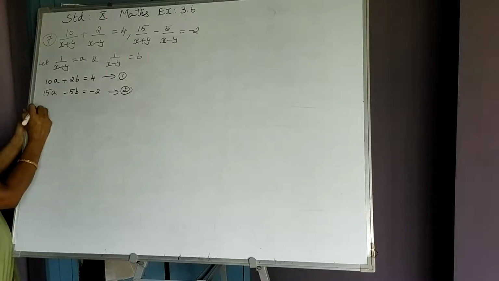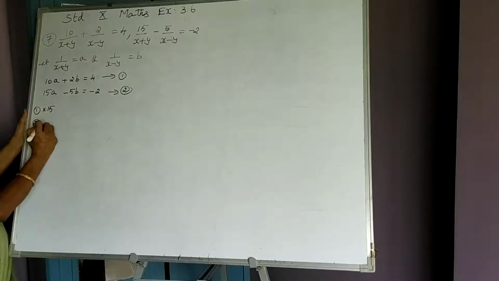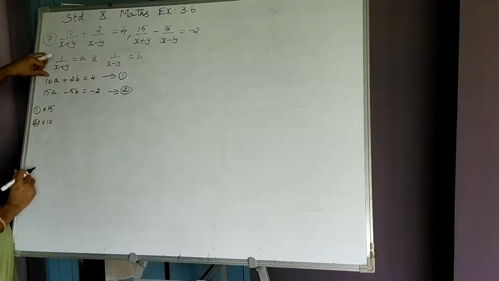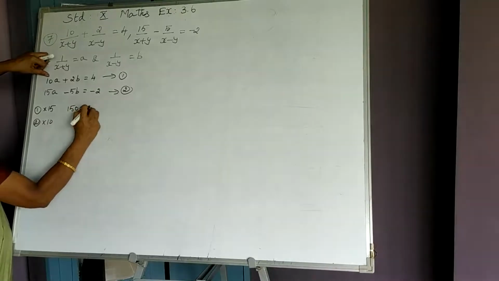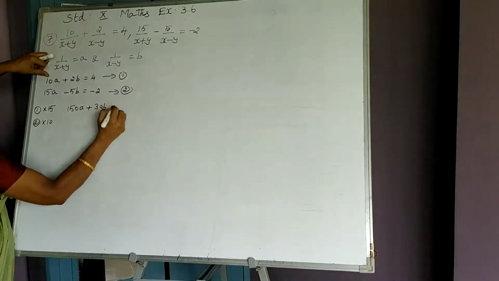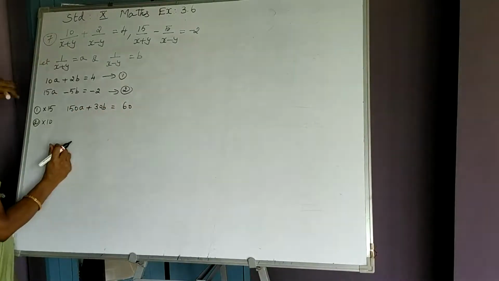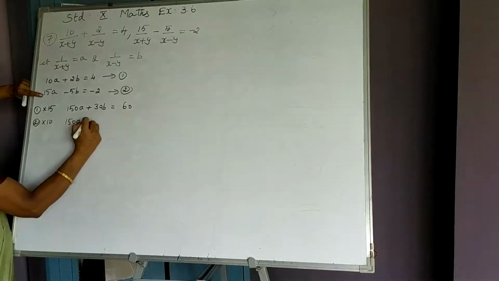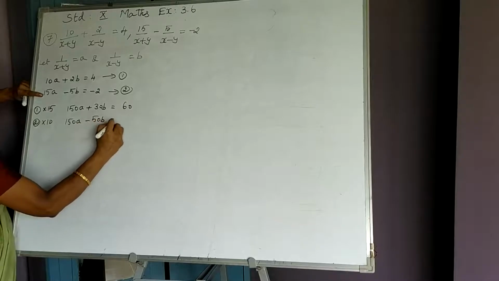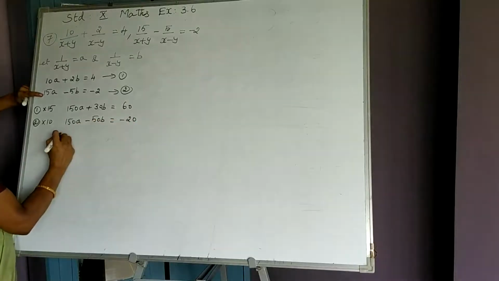So I am going to multiply the first equation by 15, second equation by 10. Multiplying this by 15, what we get? We will get 150a plus 30b is equal to 60. Second equation by 10, we are going to multiply: 150a minus 50b equal to minus 20.